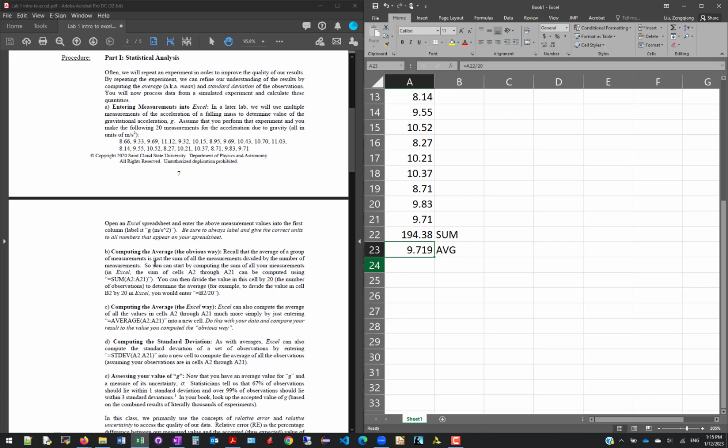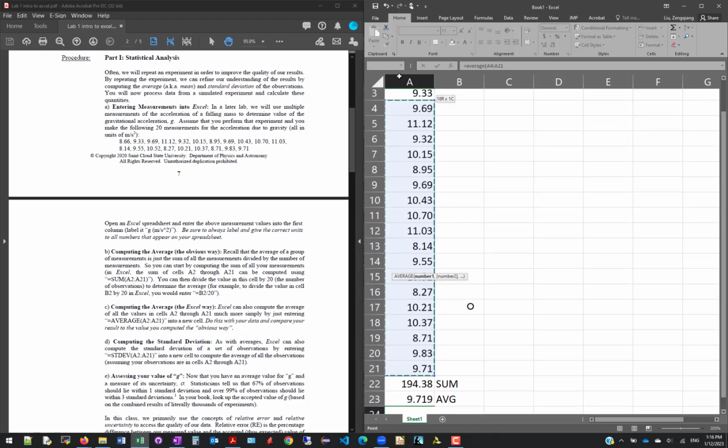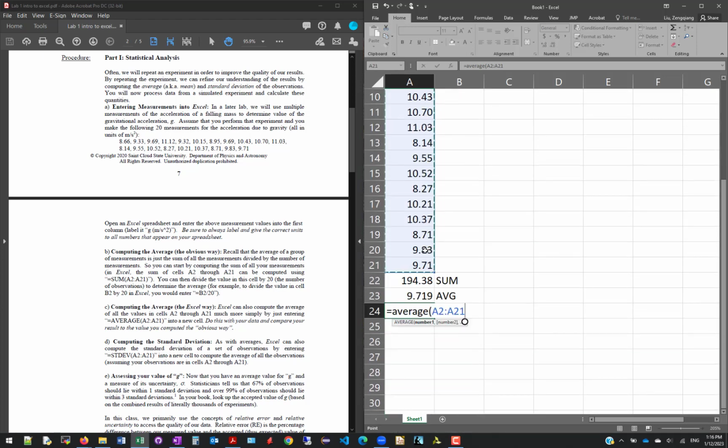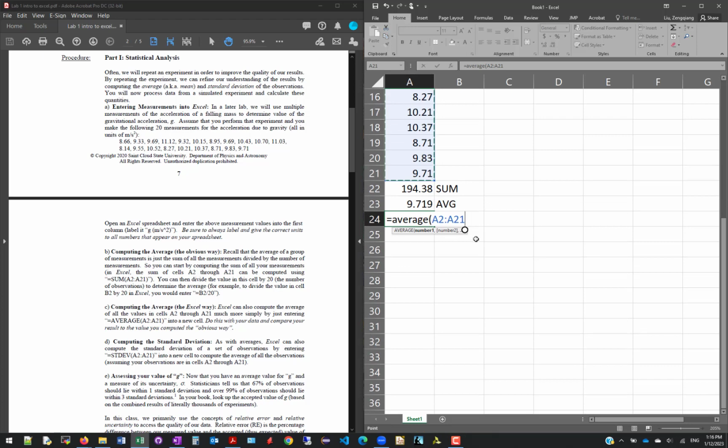And let's see, the next way to get average is to just call the average function. So let's have another average. Yeah, that should have the same exact value. So we can do an average and then select this whole range, A2 through A21, or A2 colon A21, close parentheses, hit enter.